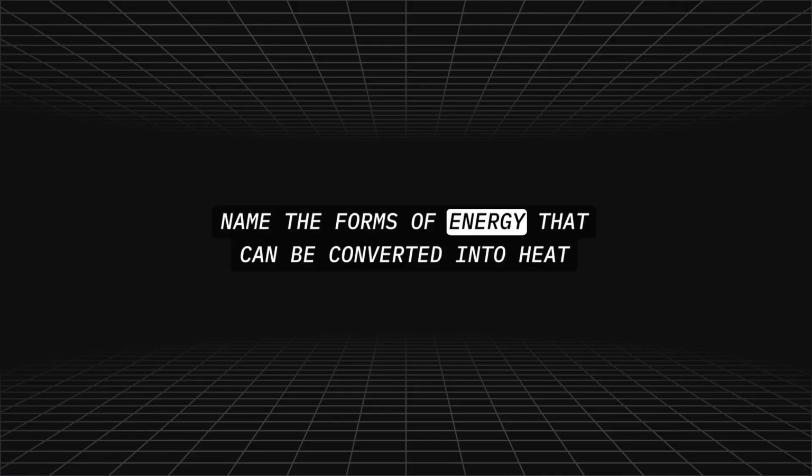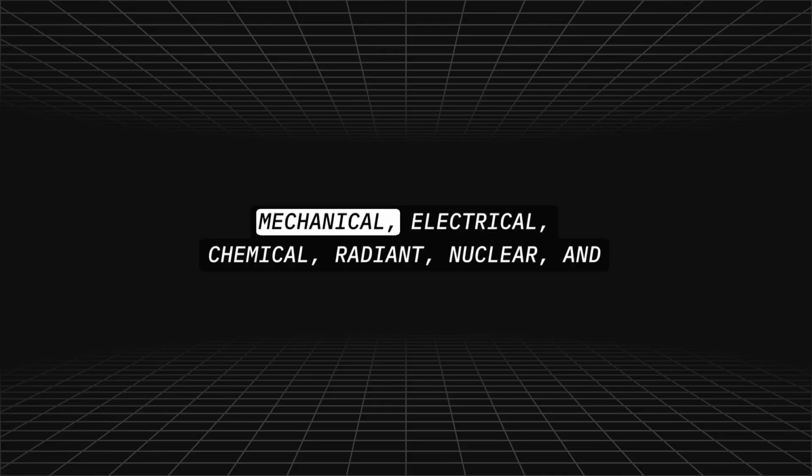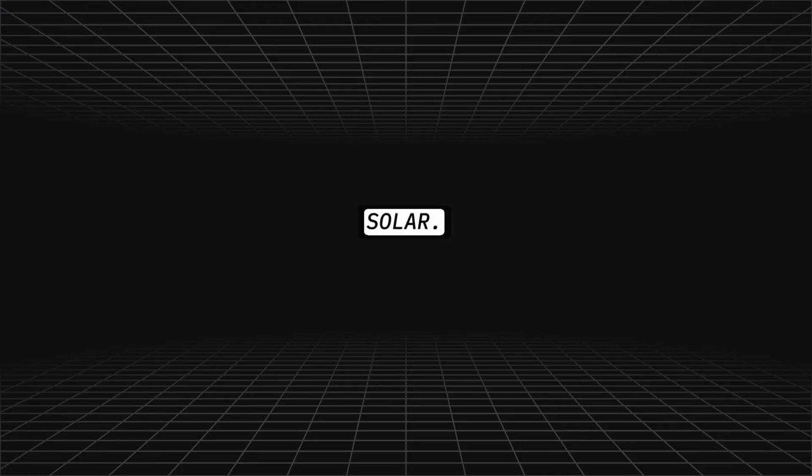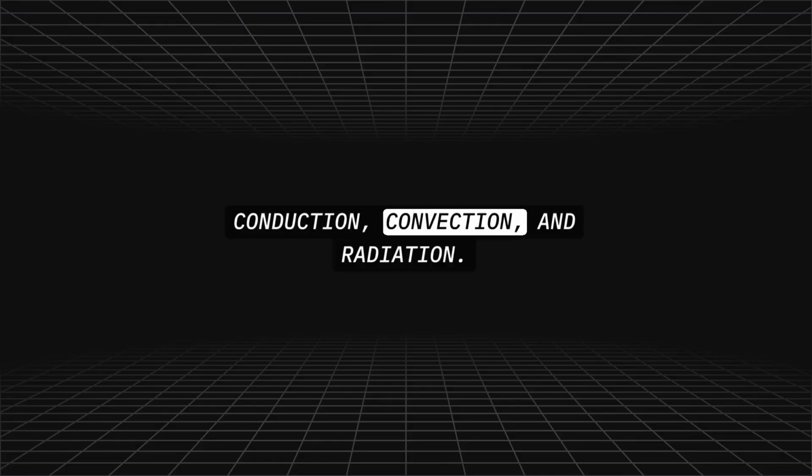Name the forms of energy that can be converted into heat energy. Mechanical, electrical, chemical, radiant, nuclear, and solar. What are the three methods of heat transfer? Conduction, convection, and radiation.